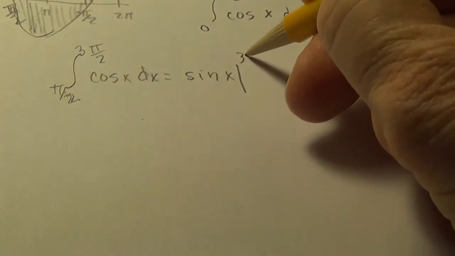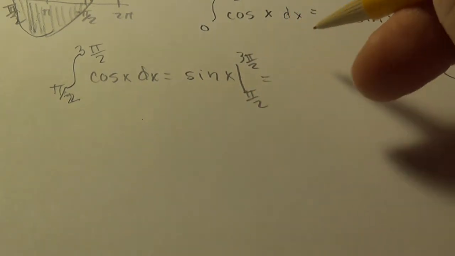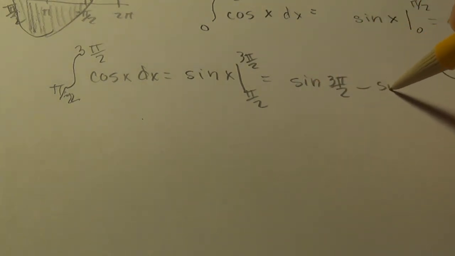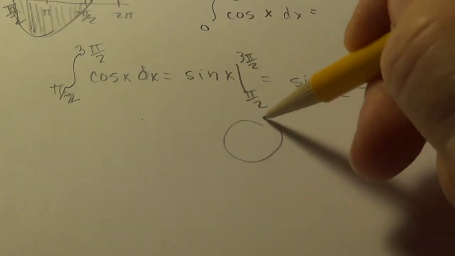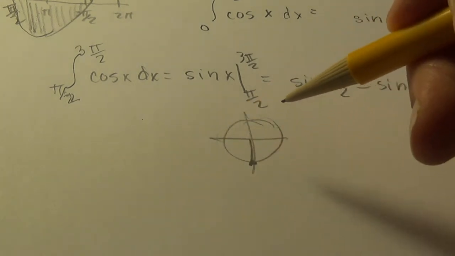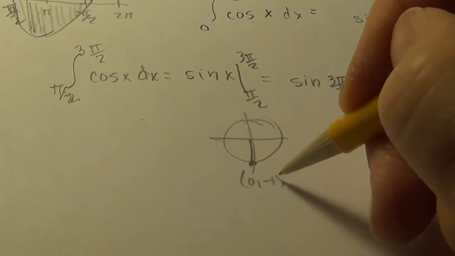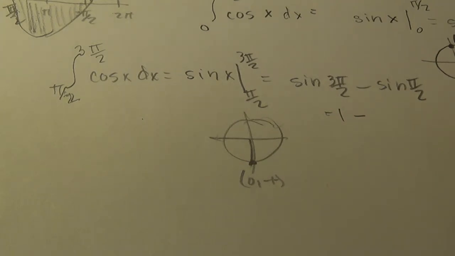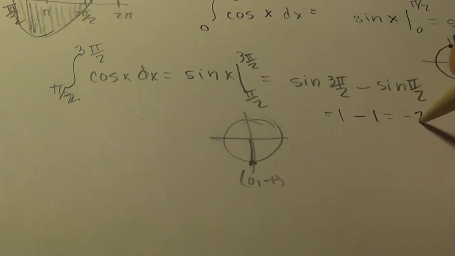And we just put in these new limits of integration. So I'm going to do the sine of 3 pi over 2 minus the sine of pi over 2. The sine of 3 pi over 2, looking at the unit circle real briefly, 3 pi over 2 is down here, so that is 0 minus 1, second coordinate minus 1, minus, we talked about sine of pi over 2, and that was 1, and we get a minus 2.